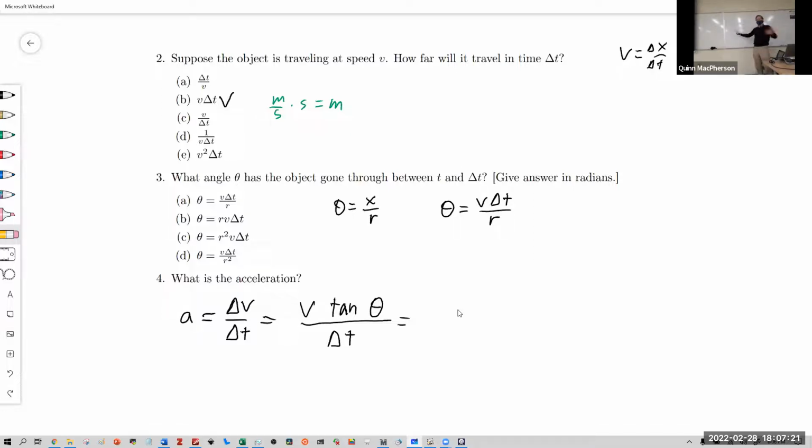You try this in degrees, you will get the wrong answer. But if you do this in radians, we have a small angle in radians, the tangent is equal to the angle, as is the sine. Okay, so we're doing this in radians, and the angle is going to be small because we're going to go through a small amount of time. So the tangent of theta is just equal to theta. So we get V theta over delta t.